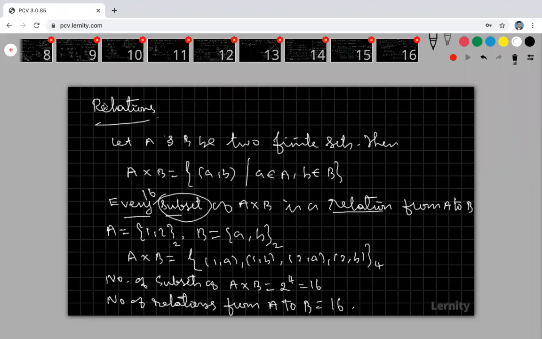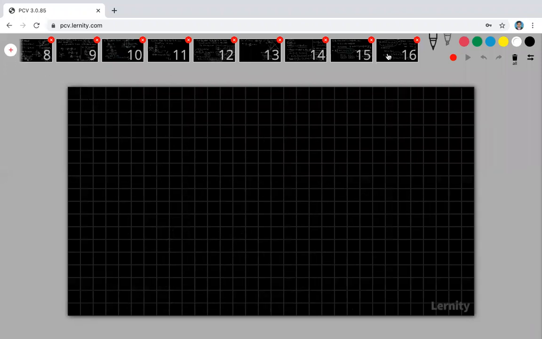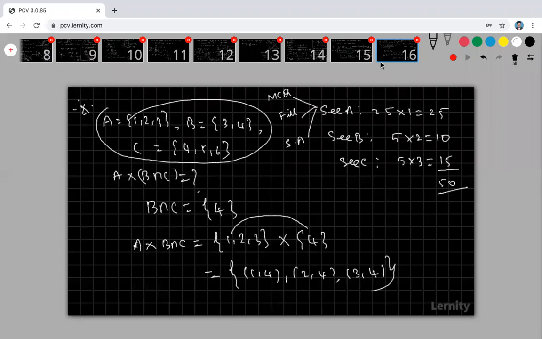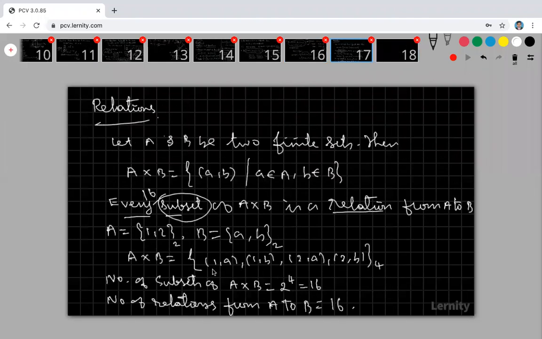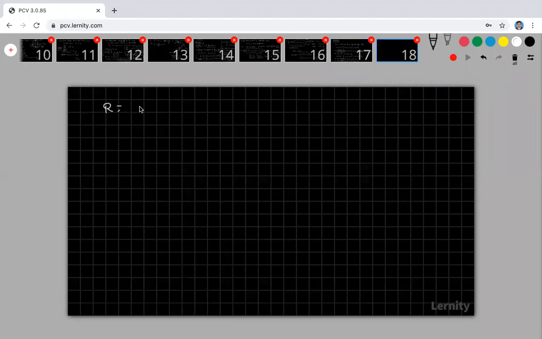Okay, take the same thing. In this A cross B, I am going to take one subset, one relation, that is the subset {(1, a), (2, a)}.